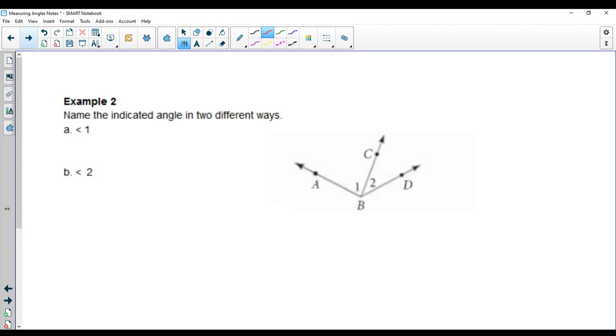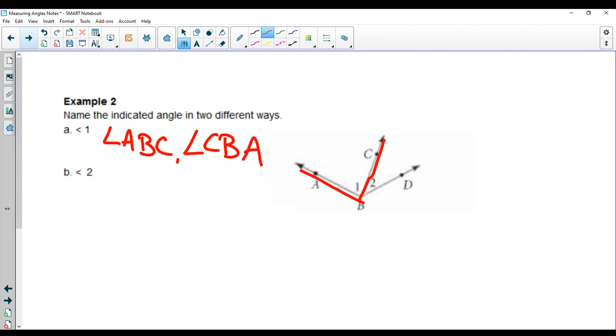The vertex at angle 1 is going to be the B, so we're going to have to start with either the A or the C. So we can say angle A, B, C. So look, if I drew that, go from A to B to C, that kind of borders my angle 1. And then I can go backwards, C, B, A. That's 2 options.